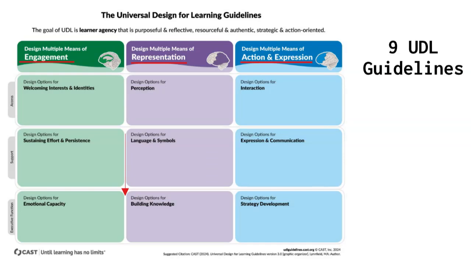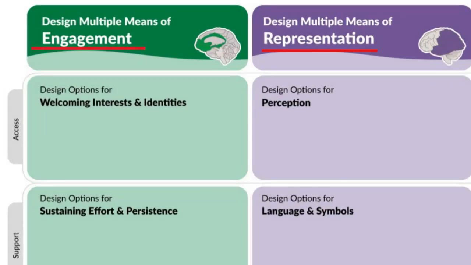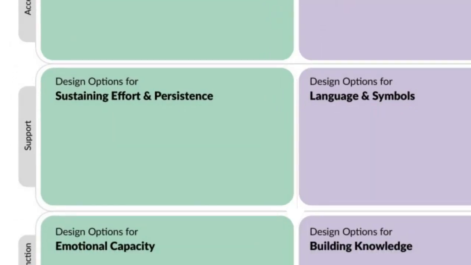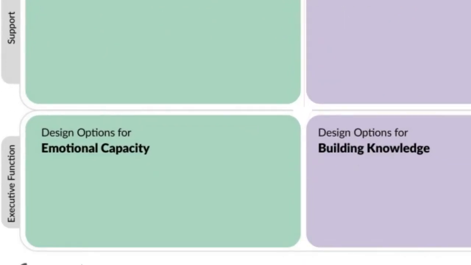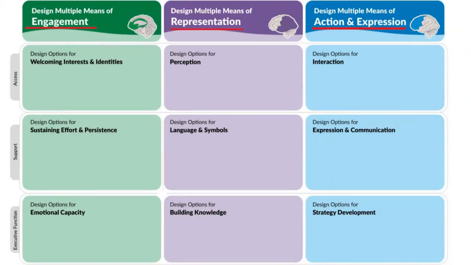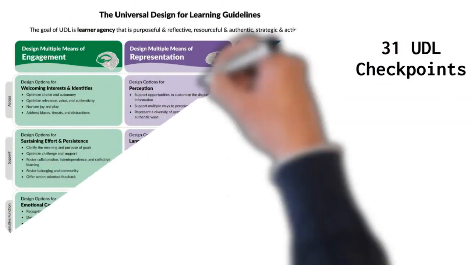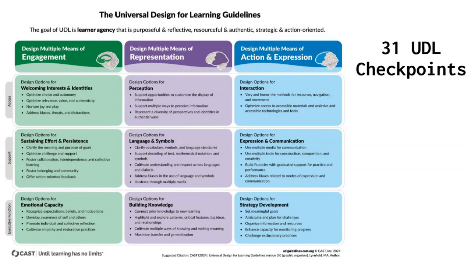Following the vertical path from access to support to executive function, we first begin by providing access to all students, then we offer support, and finally we strengthen their executive functions, which empower independence. Each of the 9 guidelines includes more specific checkpoints. There are 31 in total. These checkpoints give us concrete ways to reduce barriers and design inclusive learning experiences.